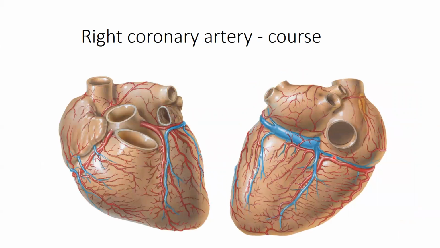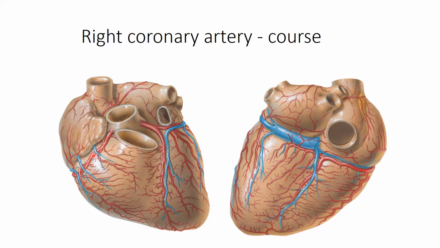So easy. First it arises from the right aortic sinus. After emerging from the right aortic sinus, it passes between the right auricle, or the right atrium, and the infundibulum of the right ventricle.